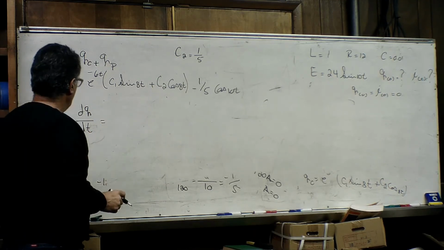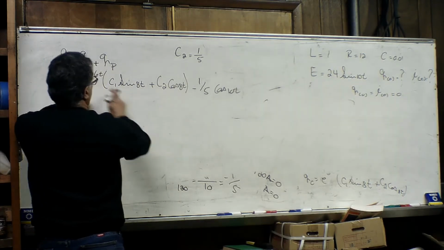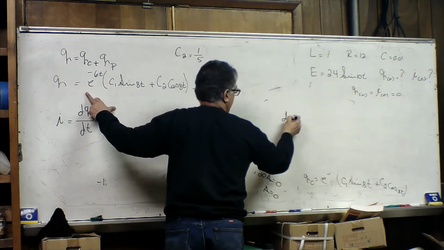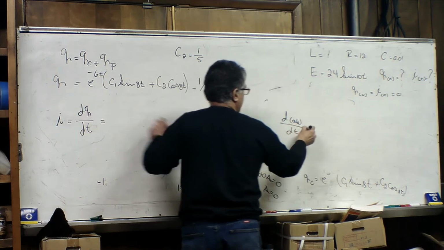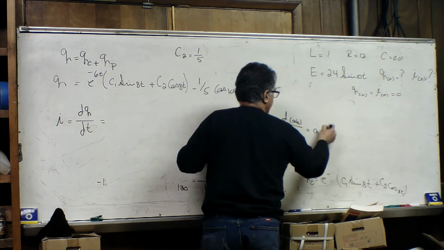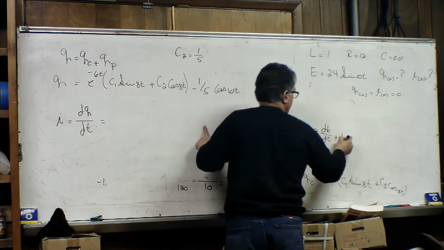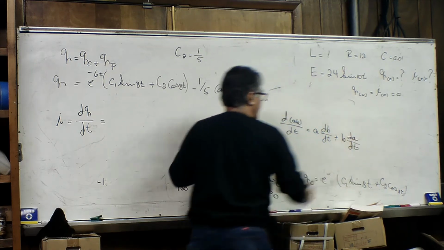So in order for us to get the derivative of the first portion, we have to use this formula. The derivative of AB with respect to time is equal to A multiplied by the derivative of B with respect to time plus B multiplied by the derivative of A with respect to time.